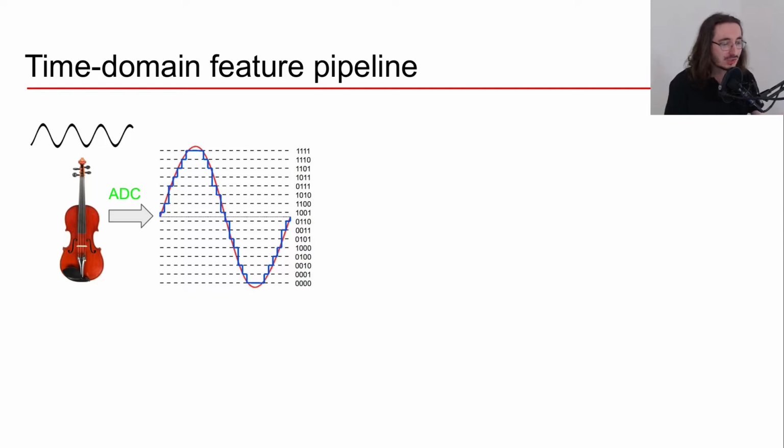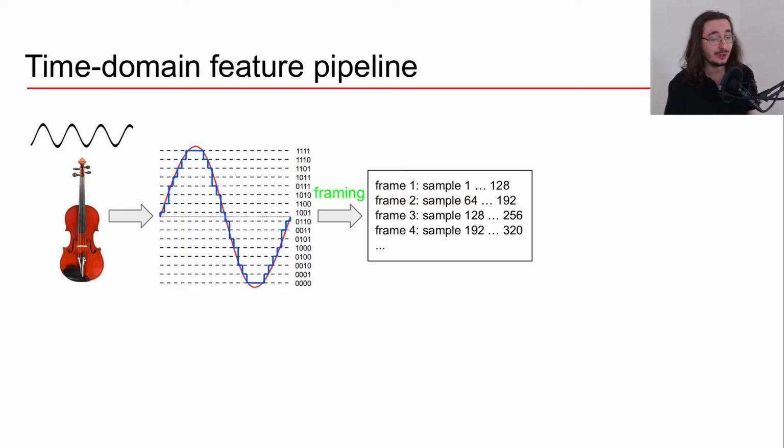Okay, so now once you have the digitalized version of the sounds, the next step that we want to do here is called framing. In other words, we want to bundle together a bunch of samples. And so here you see that, for example, frame 1 goes from sample number 1 to 128, frame 2 goes from sample 64 to 192, frame 3 from sample 128 to 256, and so on and so forth.